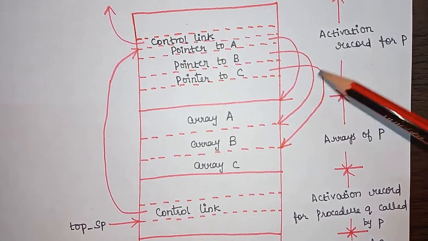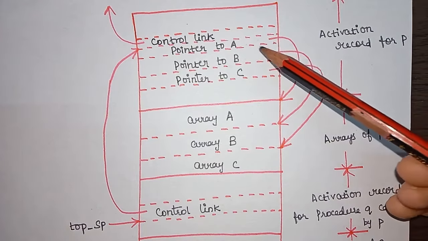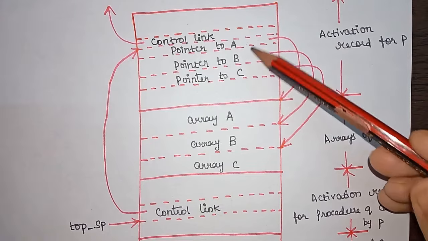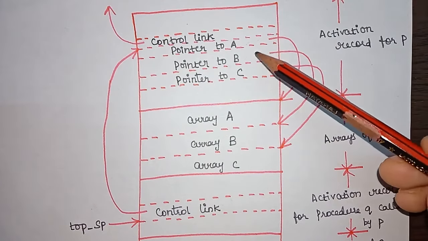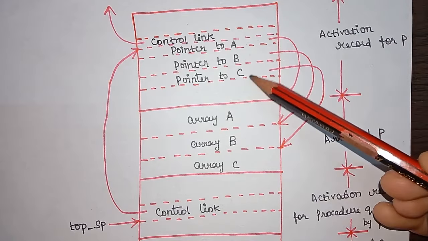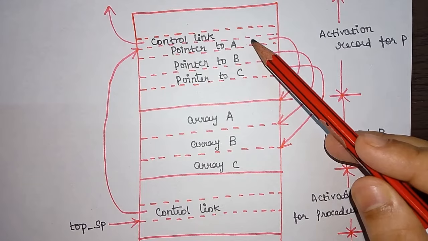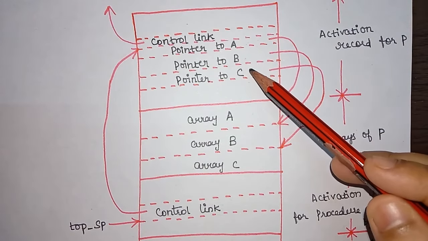The activation record can hold only the relative address of these array pointers, and that can be known at compile time. So the target code can access the array elements through these pointers, that is, pointer to A, pointer to B and pointer to C.